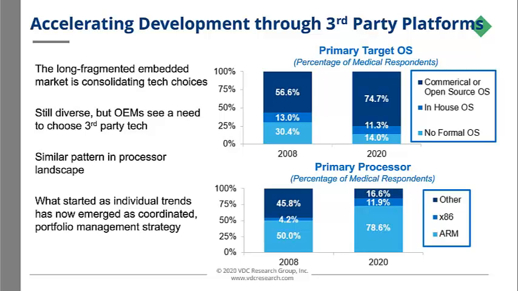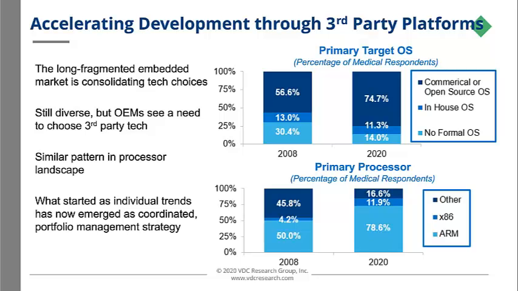And here's a snapshot of what that embedded operating system landscape looked like a dozen years ago in our research. And as you can see there, many organizations at that point were still developing their own operating systems, and still more were developing dumber devices and maybe had no formal operating system on their product at all. But the evolution of system requirements changed everything, and OEMs were looking to add more and more smart functionality to their systems.